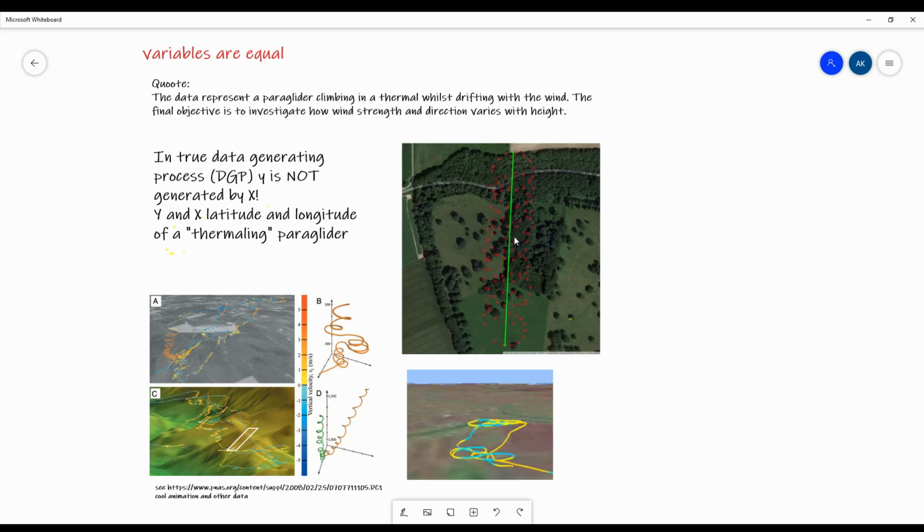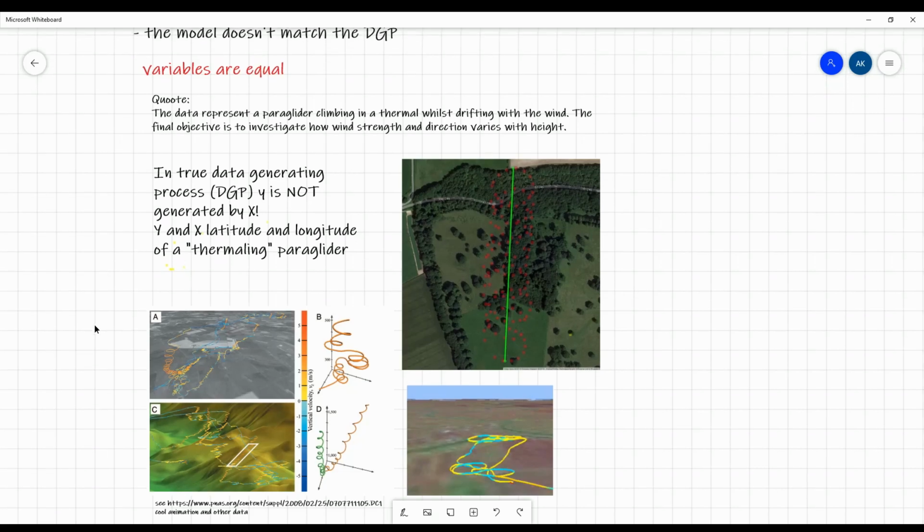phenomenon, and the wind is moving this paraglider to the north, I suppose, like it's probably moving from south to north. And if you are wondering, you can actually reproduce this map. I will show you how.